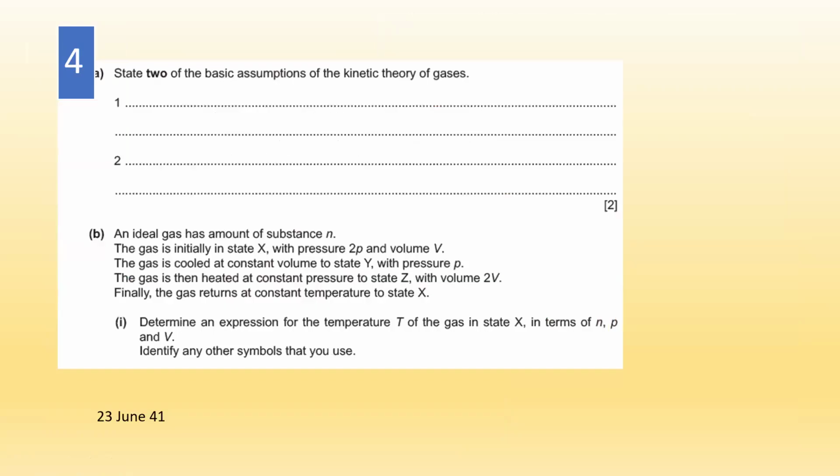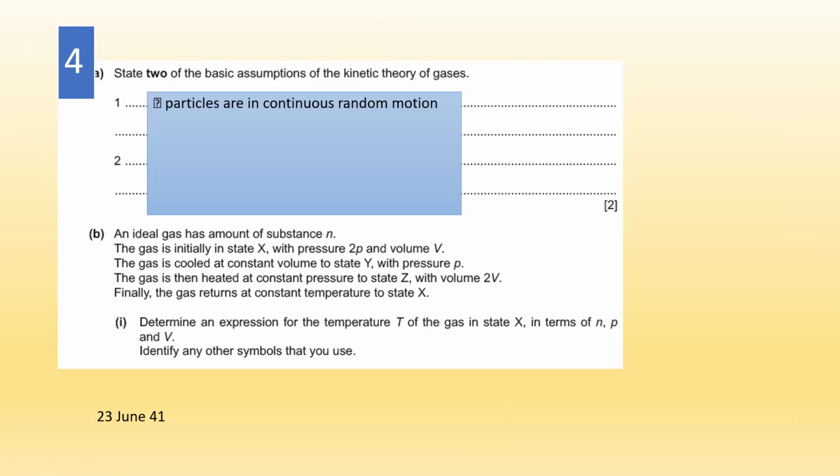State two basic assumptions of the kinetic theory of gases. No intermolecular forces, 1 point. Random: they move randomly in all directions, in continuous random motion.